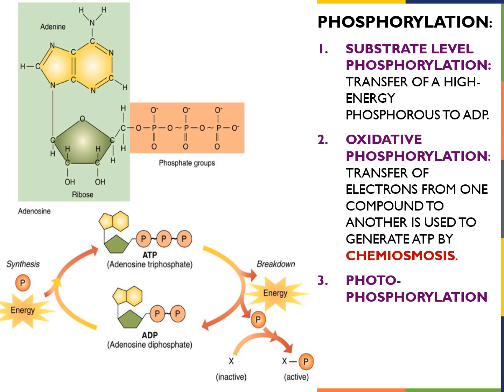So let's get started by talking about the first type of phosphorylation, which is known as substrate level phosphorylation. The definition is transfer of a high energy phosphorus to ADP. So basically what that's saying is anytime you have ADP, which is adenosine diphosphate, and you're adding phosphate to make ATP, that is going to be an example of substrate level phosphorylation.